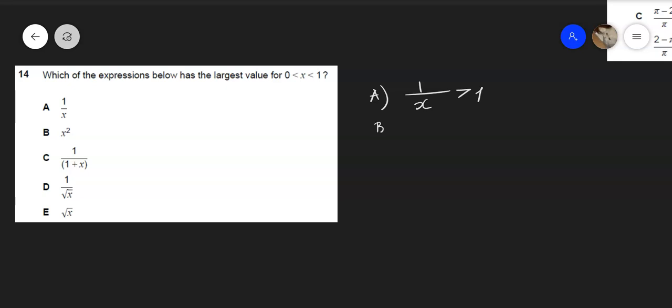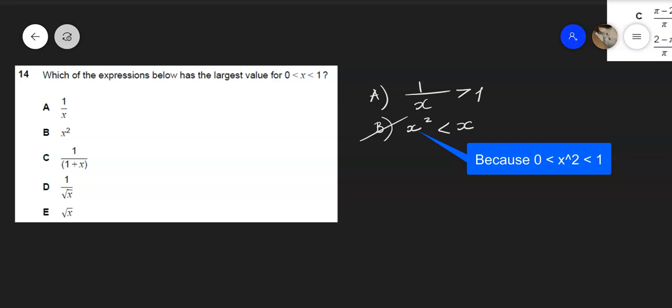Now option B, we are squaring a very small number between 0 and 1, and the result will be that x squared will be less than x, right? And if we compare options A and B, then it's clear that we can disregard option B immediately.